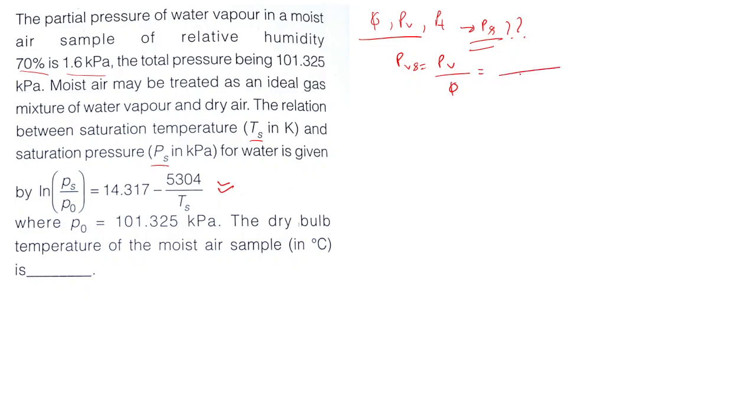So you will get Ps from here, and P naught is the total pressure, which is given in the problem. Ps you can find because we know PV. Whatever will come, that will be this, and this all you know. You have to find the dry bulb temperature, meaning the saturation temperature at that point. So we can simply put it in this equation and we can get the Ts, right? Getting or not getting? Yes, sir.